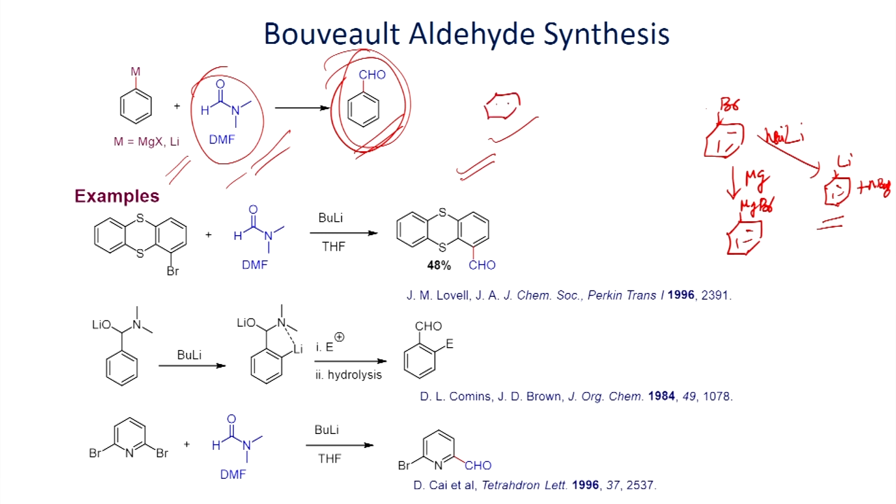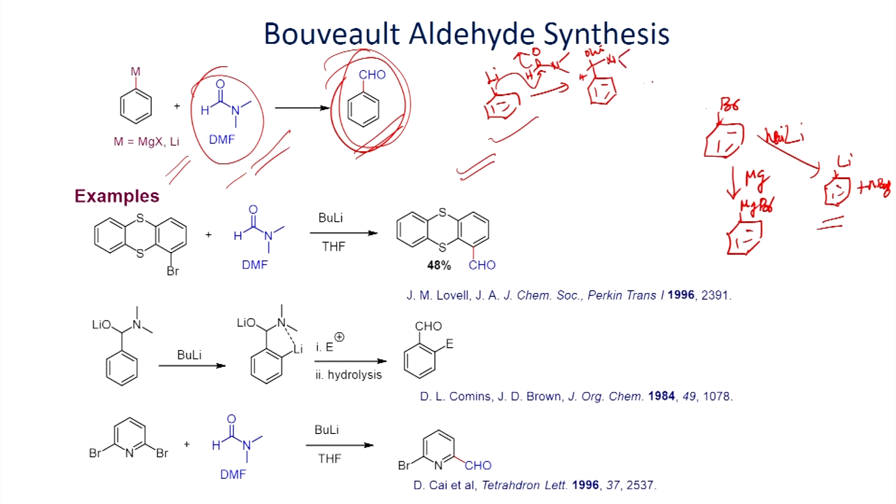Let us take this one. If you have the phenyllithium and the dimethylformamide, it can undergo an addition reaction, and you will be able to form this intermediate.